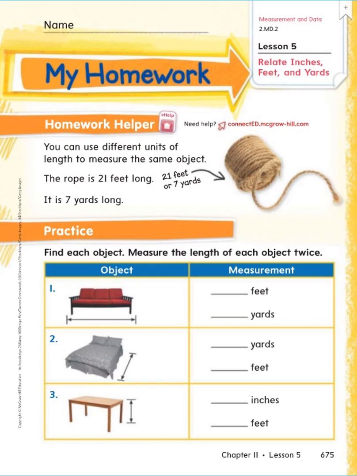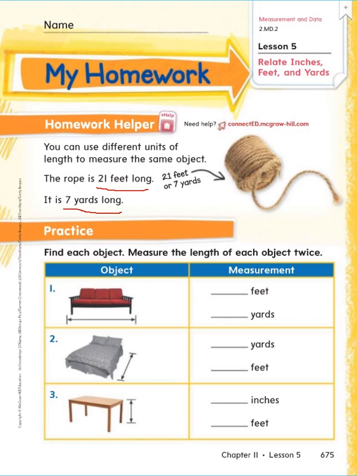The homework helper at the top says you can use different units of length to measure the same object. The rope is 21 feet long. It is 7 yards long. That's the same, okay? Because 21 feet would be the same as 7 yardsticks. Each one is 3 feet long.